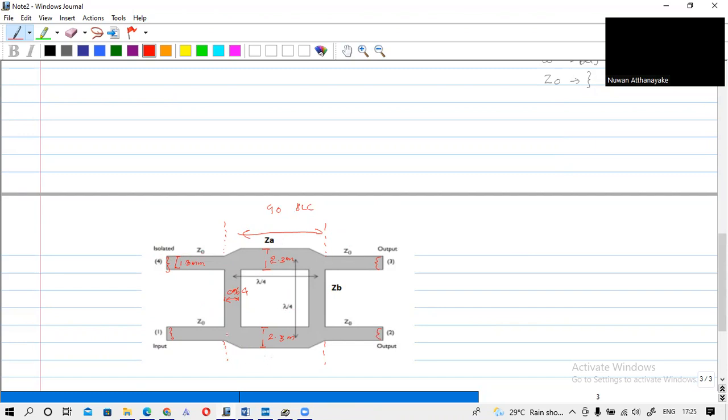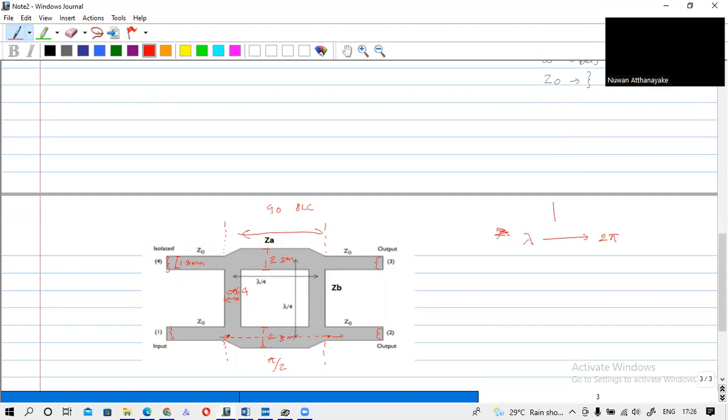That means if a signal is inserted here and goes through this coupler to this end, there should be a π/2 phase shift. We know that for one lambda we have a 2π phase shift.